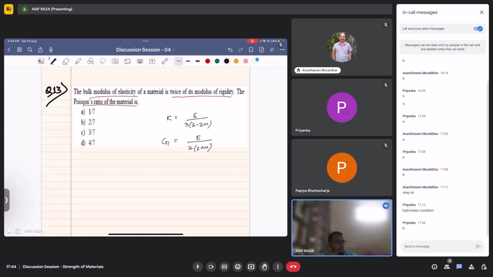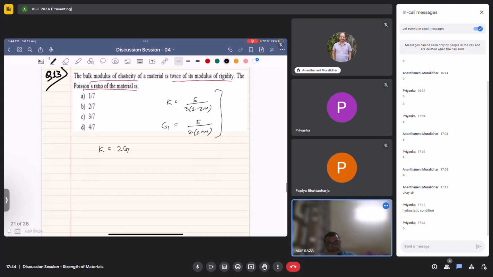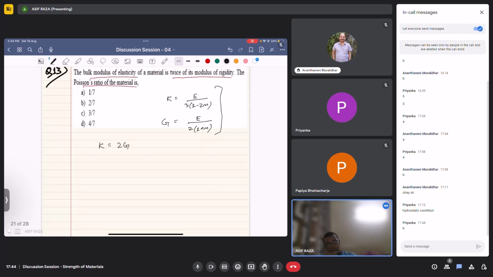Okay, Priyanka has already come up with the answer as option B. That's nice. So the question is, the bulk modulus of elasticity of a material is equal to twice its modulus of rigidity. So just substitute this formula here, and let's see.